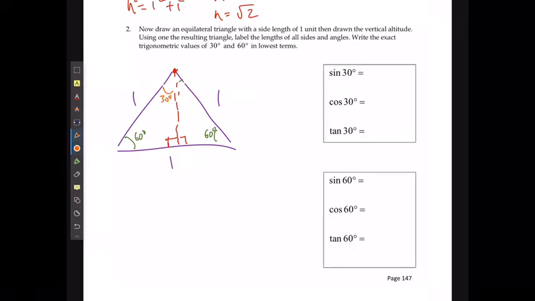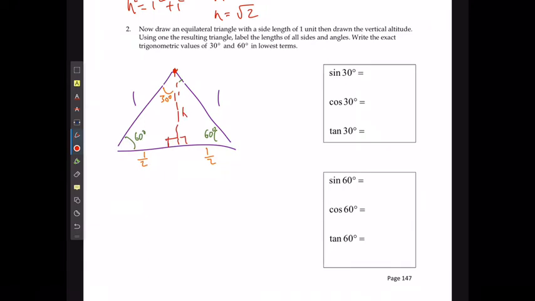Now, the side lengths on the bottom are going to become 1/2 and 1/2. I just need to solve for my altitude.